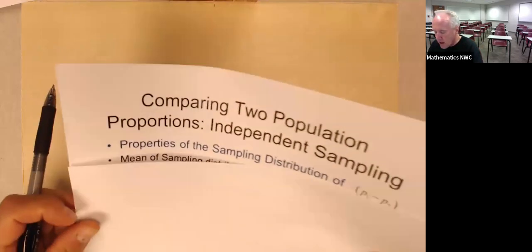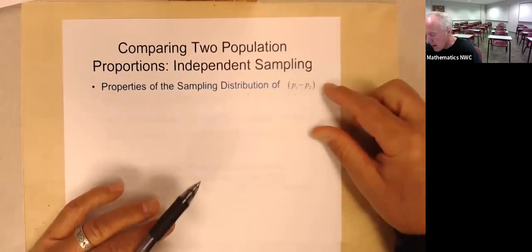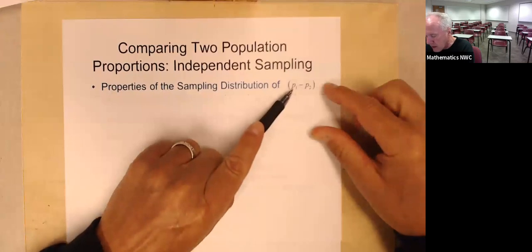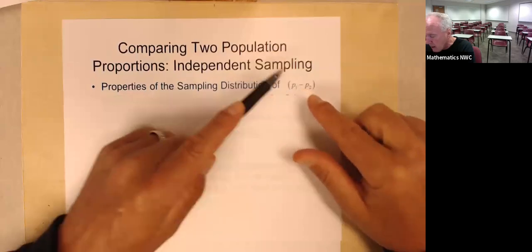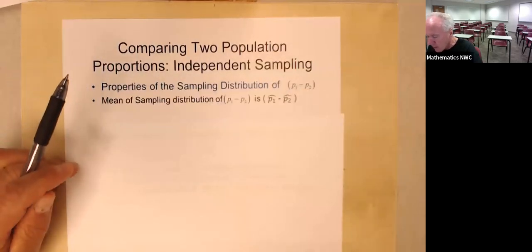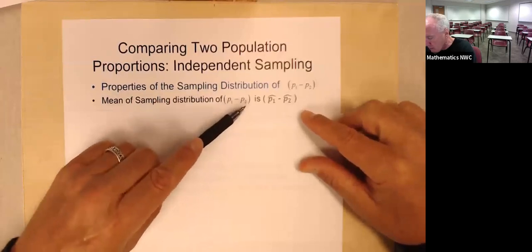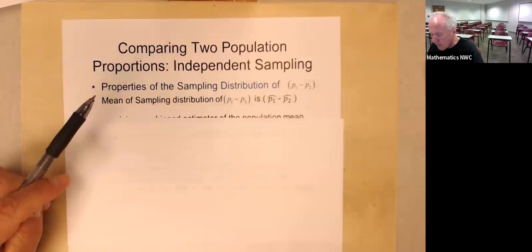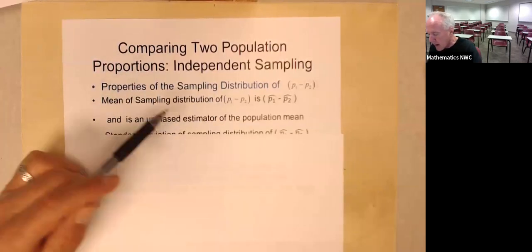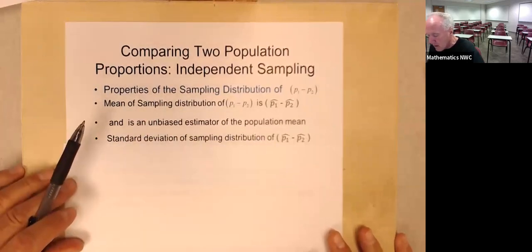I'm not sure that you need to copy all of this down. This is just kind of review. Here again, we're emphasizing the difference between 2 proportions, population 1 proportion minus population 2. We've had this before. The sampling distribution is this one. It's a very good estimate of the population 1. It's an unbiased estimator of the population proportions.